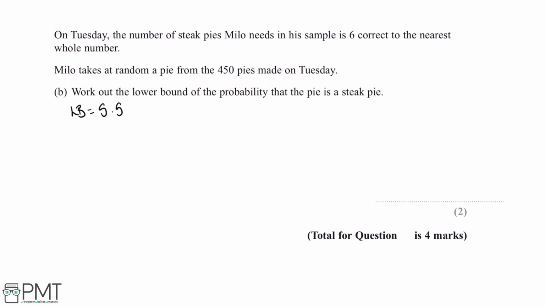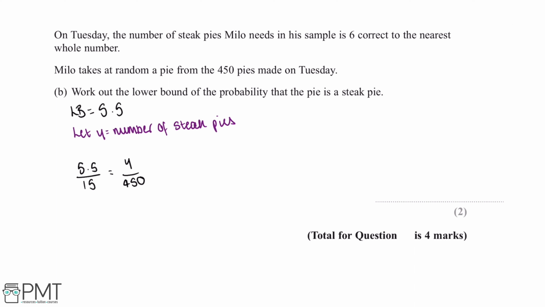So we can use the same method that we used in part A. We can let y equal the number of steak pies. So if the lower bound is 5.5, this means that 5.5 pies out of 15 pies is equal to y divided by 450.